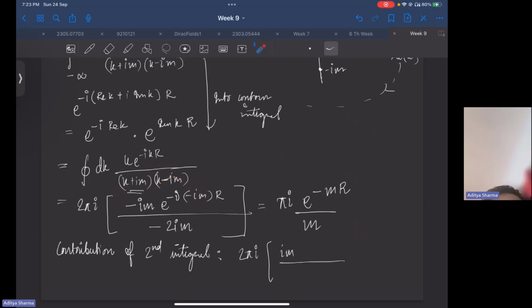So it will give you 2 i m, to the power, you have a plus sign here, so plus, and i m will still give you minus m, plus pi i by.